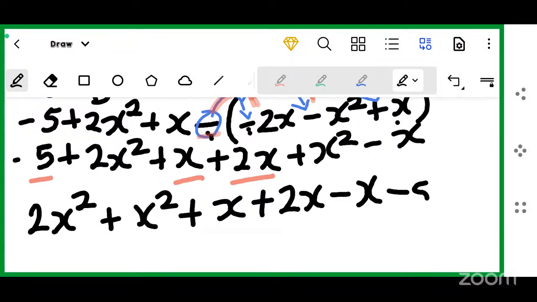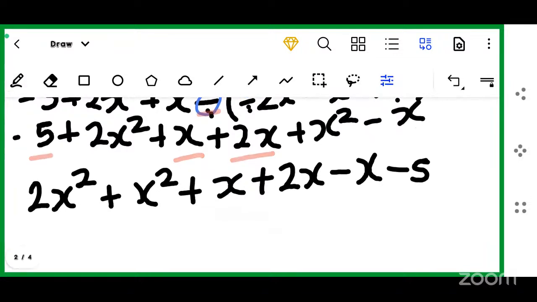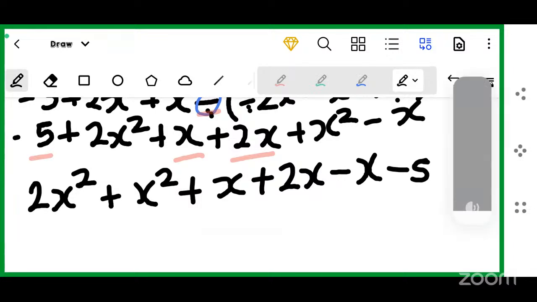Perfect. So what is 2x squared plus x squared? It equals 3x to the power of 2. Perfect.